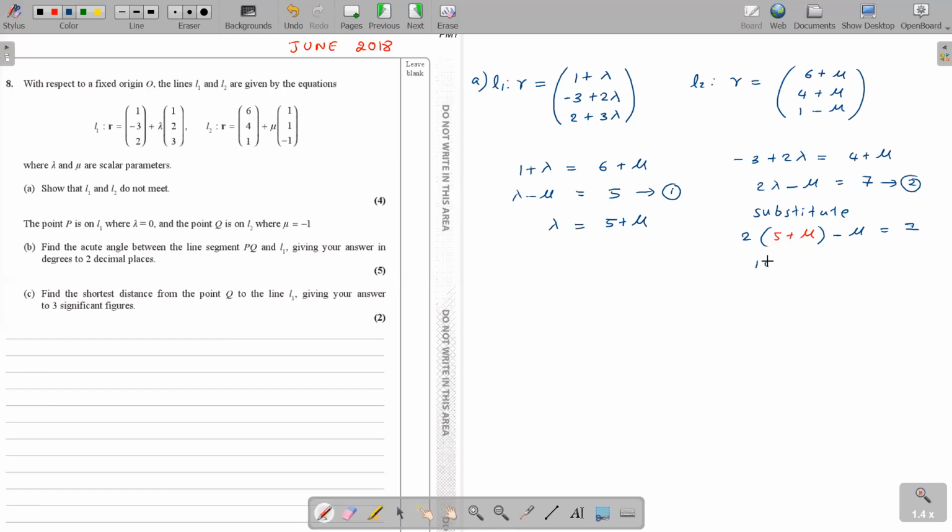So 2 times 5 is 10 plus 2 mu minus mu. Can you see what I did here? I just substituted. Now opening the bracket and simplifying.